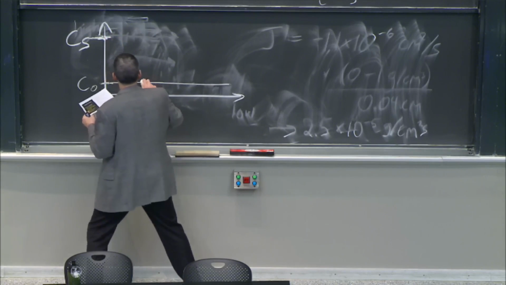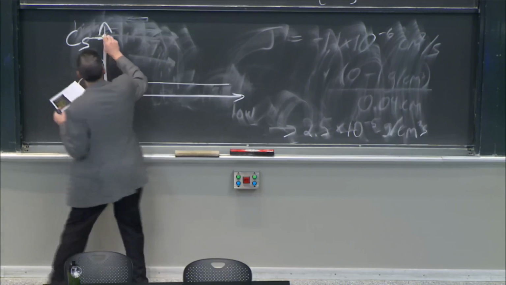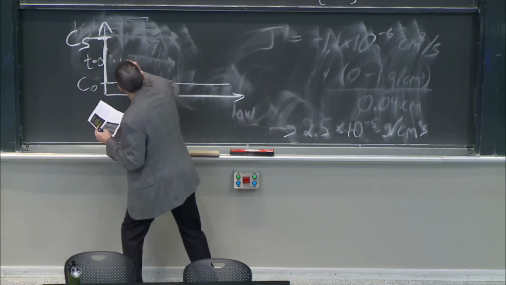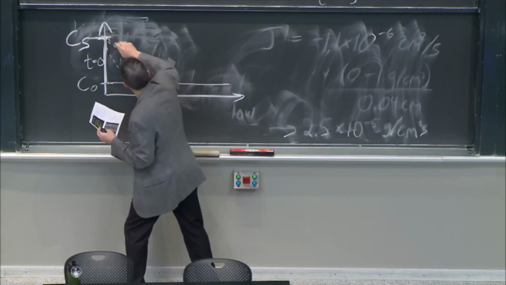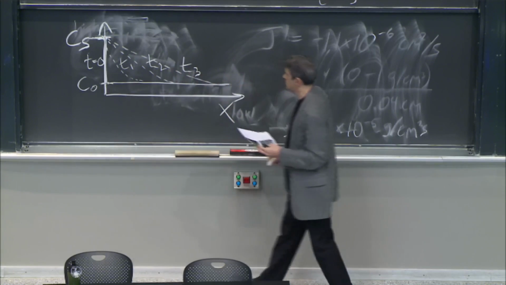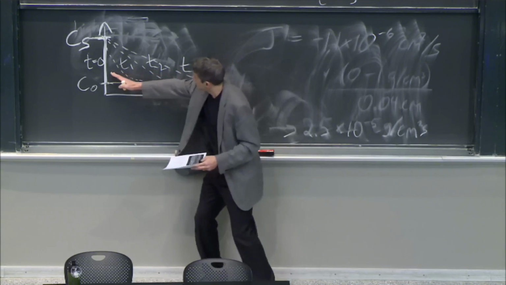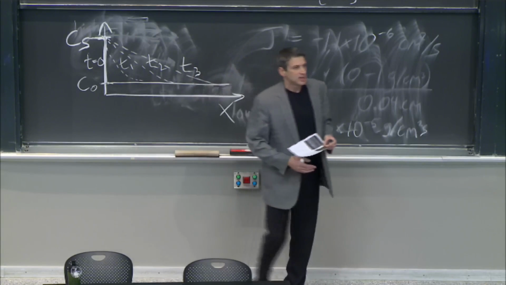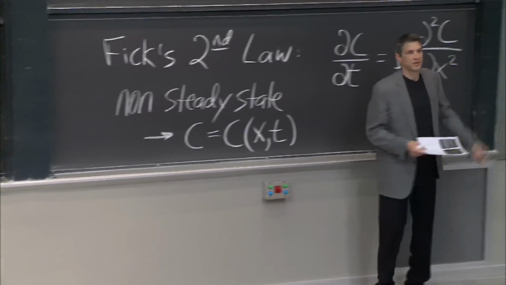So this line here is time equals 0, but now I can get this profile at time 1, time 2, time 3. That's the position through some surface. So this is what Fick's second law tells us. It tells us these profiles, the concentration in the material, and it is simply a time-dependent version of diffusion.